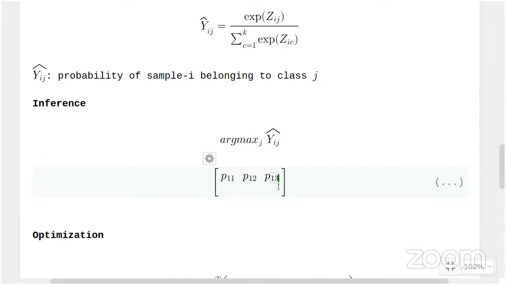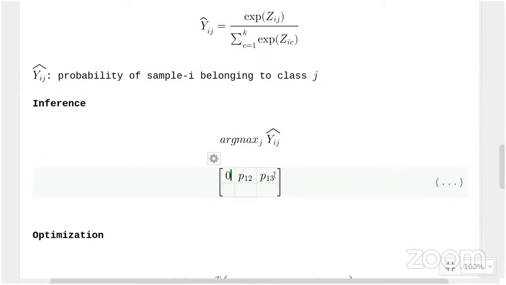Say this is 0.2, 0.4 and 0.4. What we are asking is to look for the value in this row which has the maximum probability, and whatever column you are looking at, that column corresponds to the predicted class.